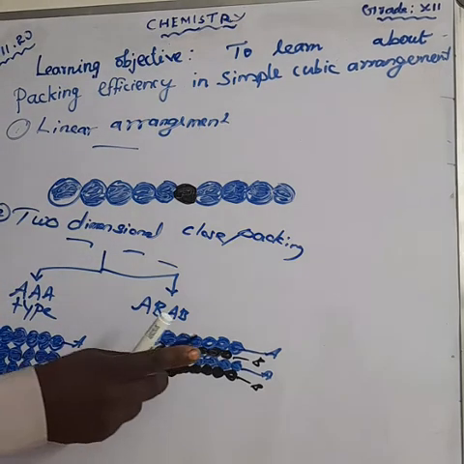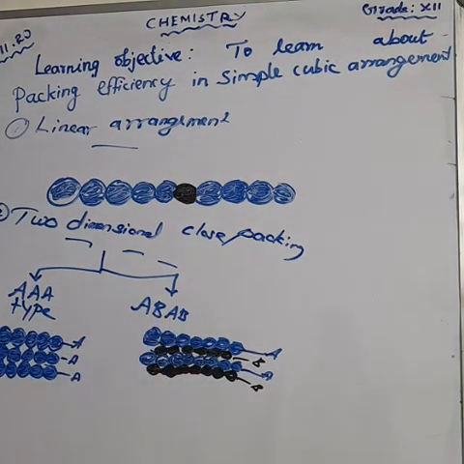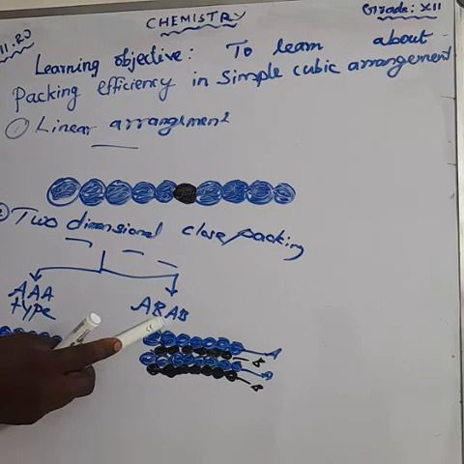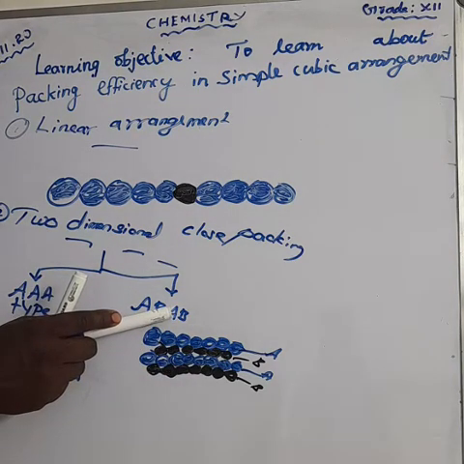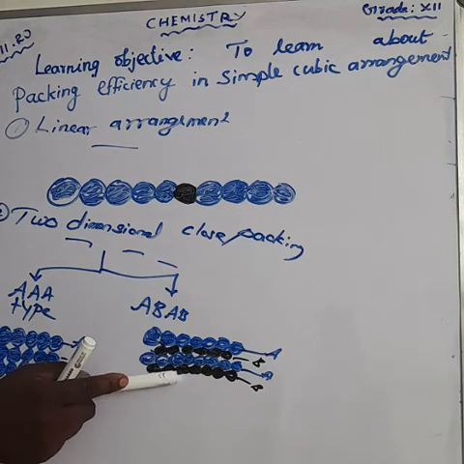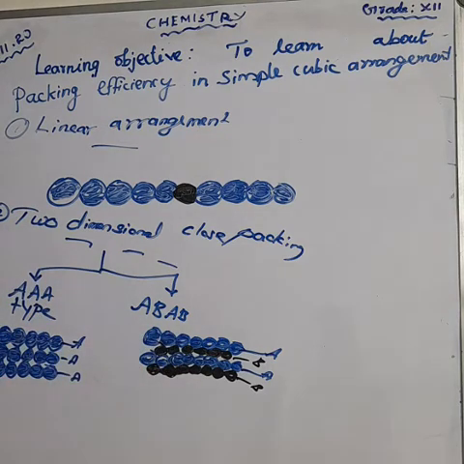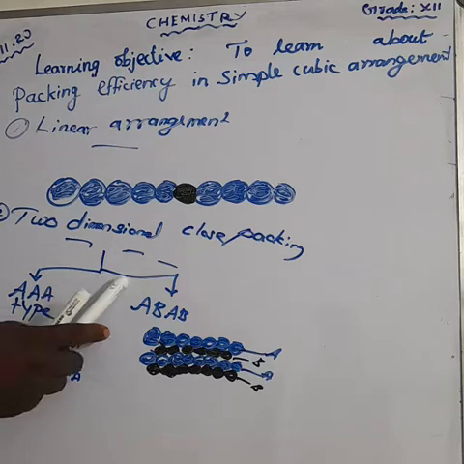The first row is denoted as A and the second row is denoted as B. The third row arrangement is similar to the first row, that is A. The fourth row is arranged similar to B. So what do we call this pattern? AB type.